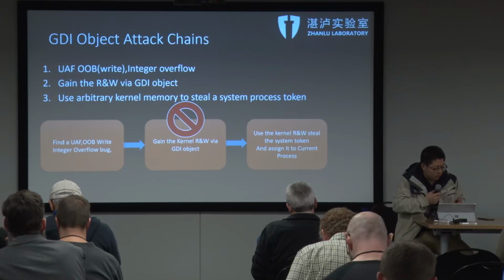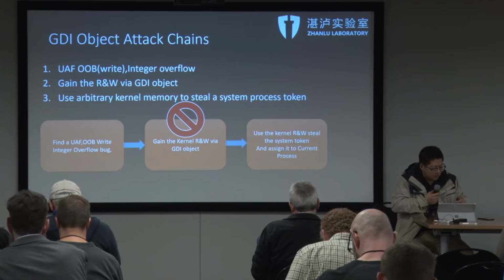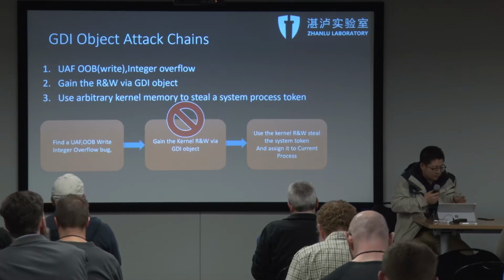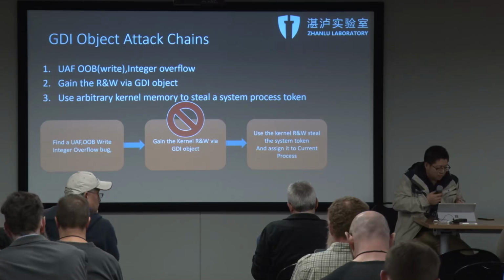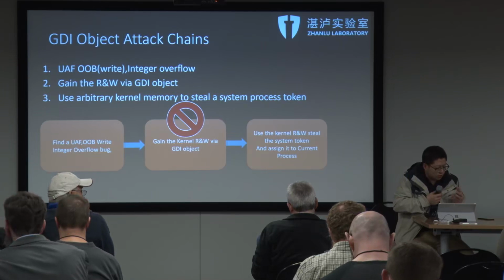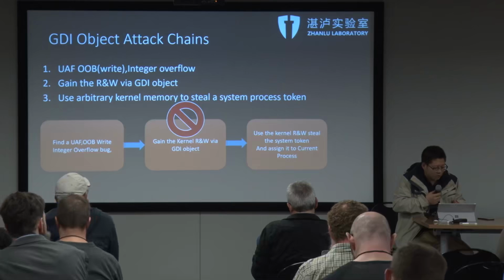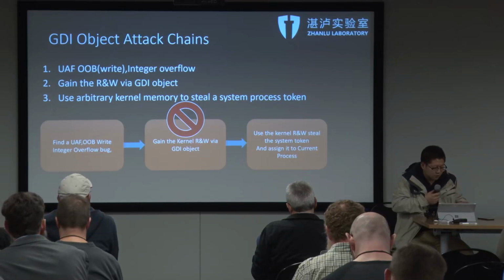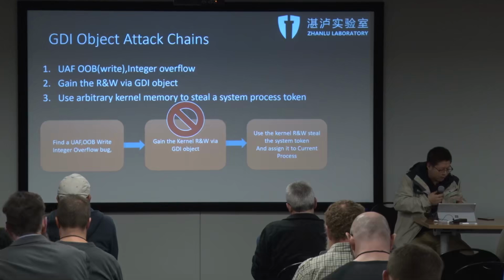If you get a UAF or OOB, you can gain the read and write via a GDI object. So you can use the arbitrary kernel memory to steal a system process token, so you can get the system privilege.